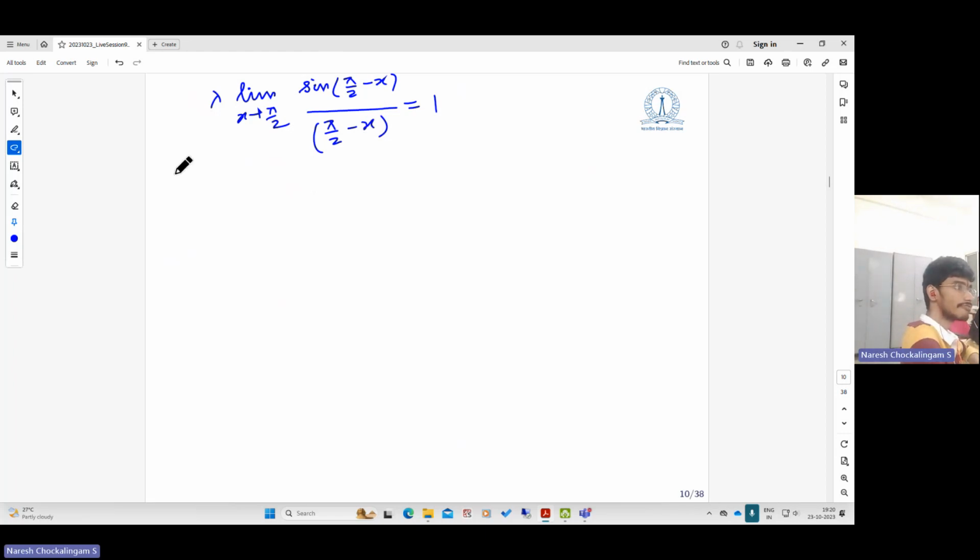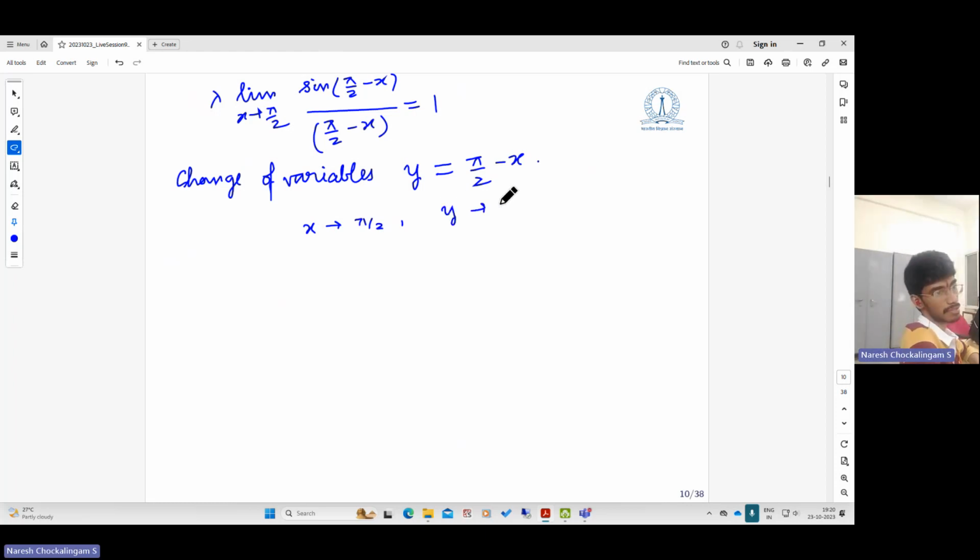Now you can make the change of variables. Substitute y is equal to pi by 2 minus x. So if x tends to pi by 2, then y tends to 0.